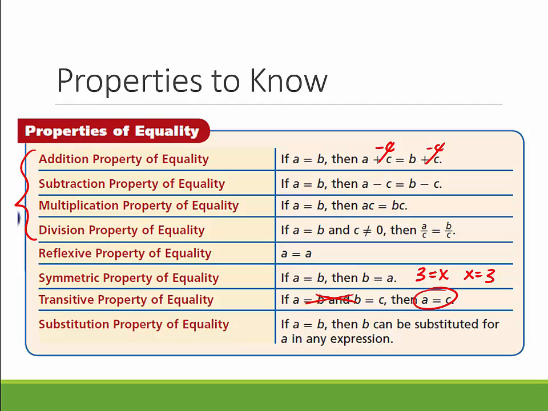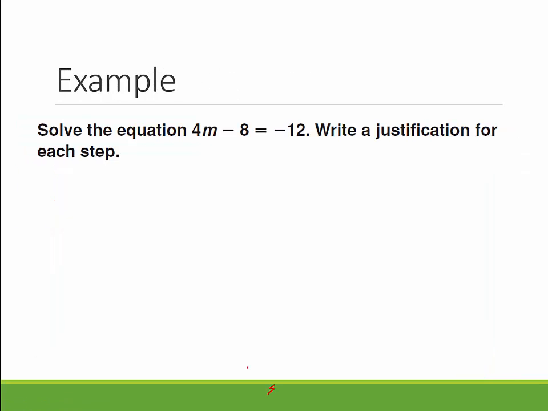And then the substitution property of equality. If a equals b, then b can be substituted for a in any expression. So like if I tell you x equals 3, and then I tell you that 8x equals 24, you could plug that 3 in. You can substitute it.